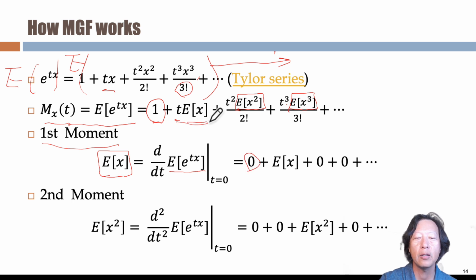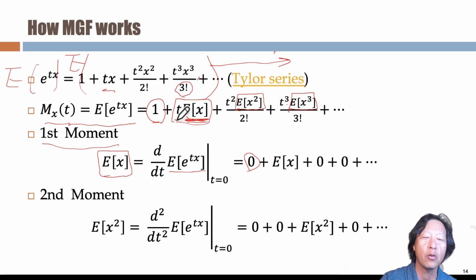Then here, t times expected X is a function of t, but the expected value of X is a constant from the point of view of t. So the derivative is just the expected value of X.